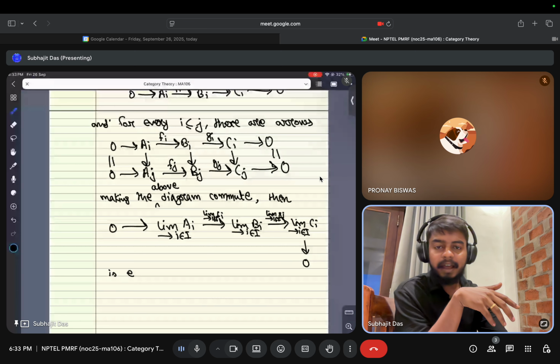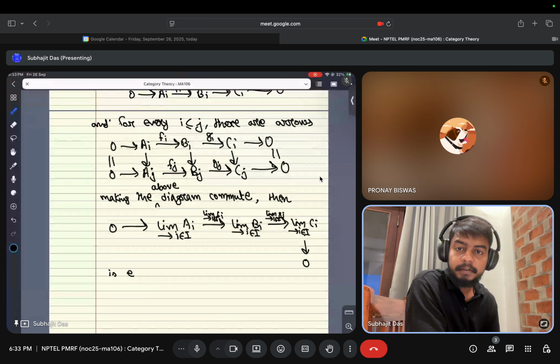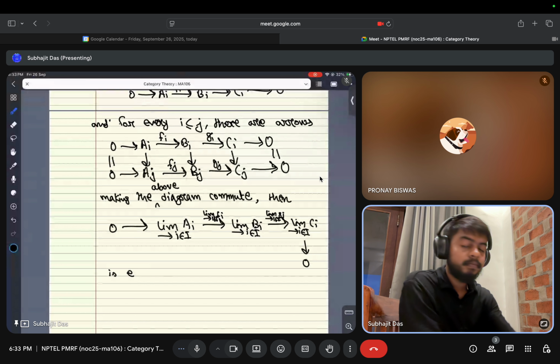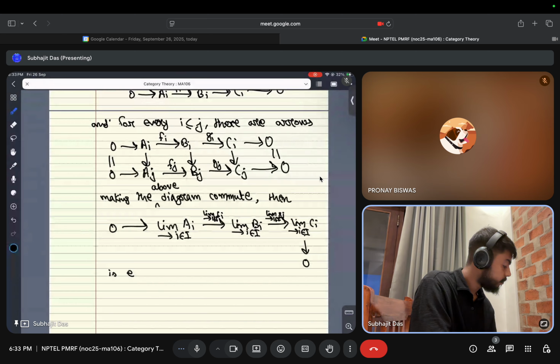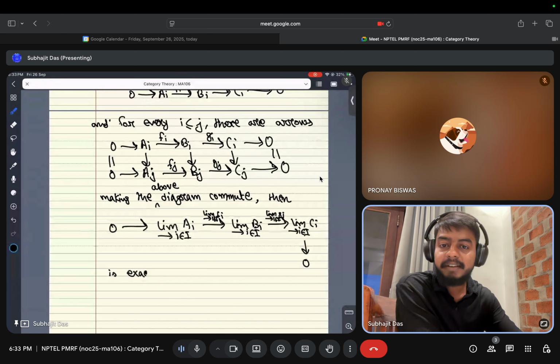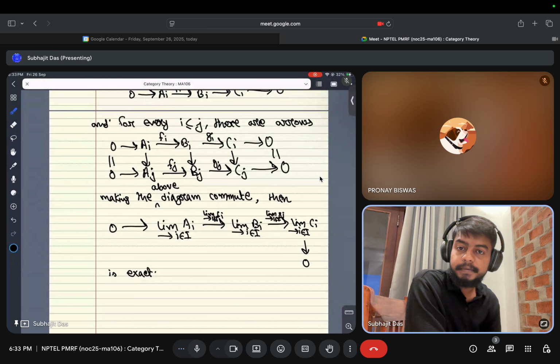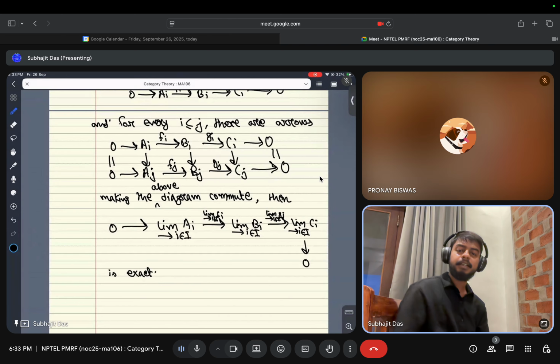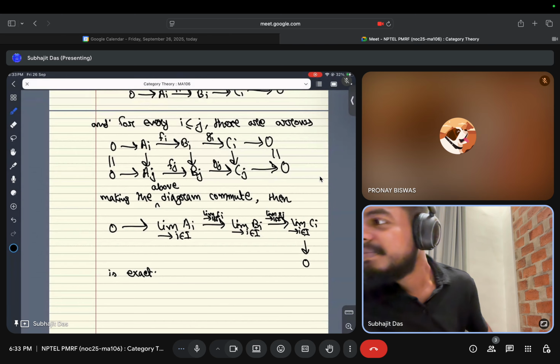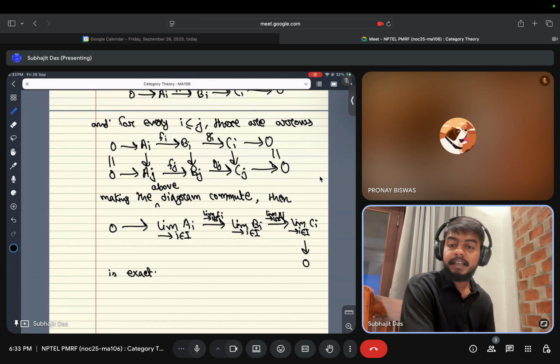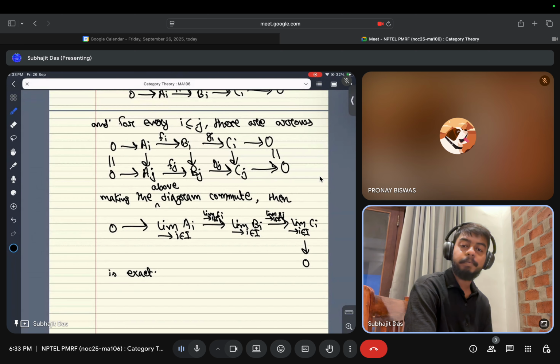Or rather, how do you obtain this map limit FI? How do we obtain this map limit FI?